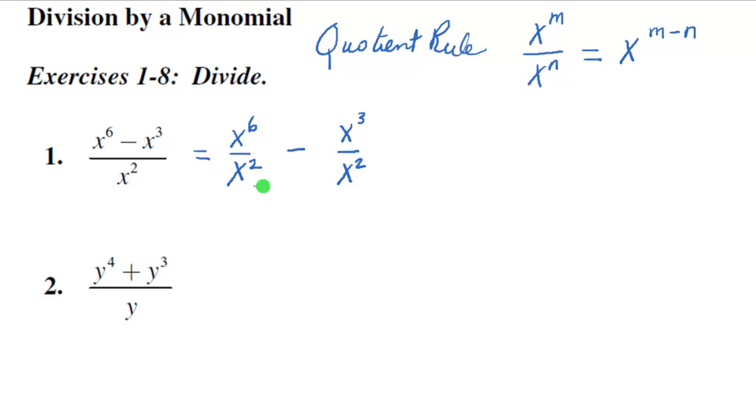Notice how I kept the denominators and split up the fractions. Now we're going to use our quotient rule. Here, recall we're going to keep the base and subtract 6 minus 2. So x to the 6 minus 2 is x to the 4. Minus, and here again, keep the base, subtract 3 minus 2, which gives us x to the 1, or x.